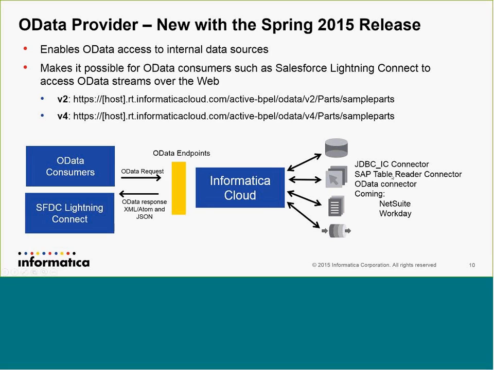That can be accessed through, for example, JDBC, SAP Table Reader. If you have internal OData sources, our OData connector allows you to connect to those OData sources and make them available to the internet, to your variety of partners. One of the key ones is, of course, Salesforce Lightning Connect. So our implementation makes it possible for OData consumers to access this information.